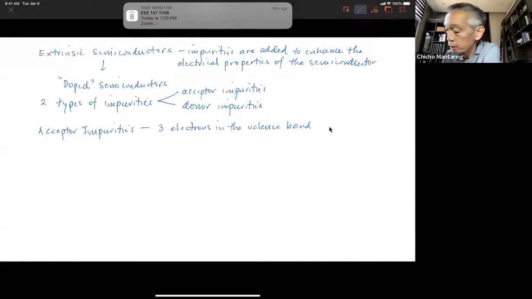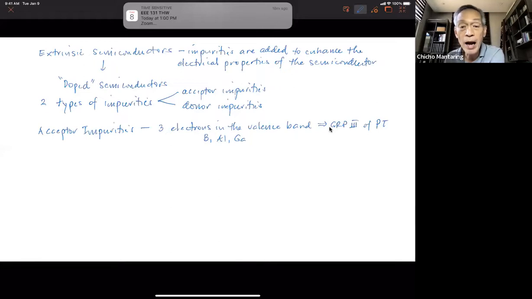So this would belong to group 3 of the periodic table of elements. Examples of acceptor impurities: you have boron, you have aluminum, and you have gallium. Those are some of the common acceptor impurities that are used to dope intrinsic semiconductors.